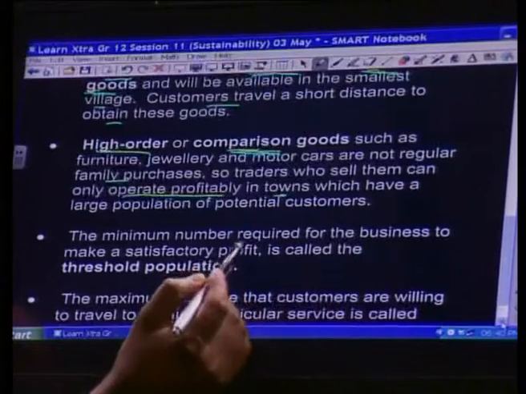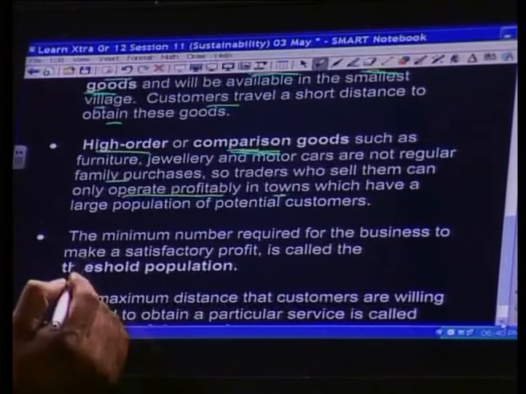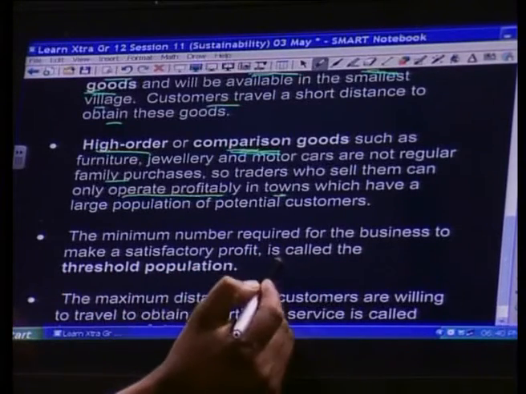The minimum number of people required for a business to make a satisfactory profit is called the threshold population. The threshold population largely refers to the number of people required in order to support a service. A larger threshold population is generally associated with a higher order service, a smaller threshold population with a lower order service.